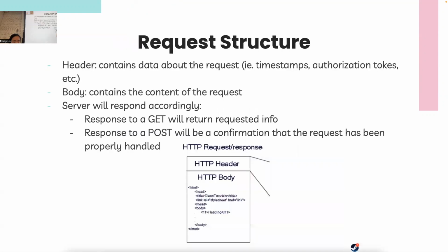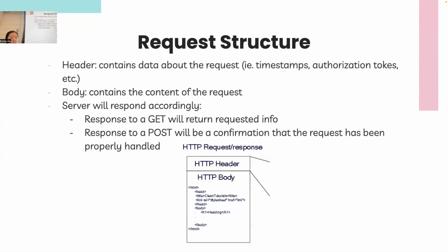Okay, cool. And then in terms of request structure, we have a header, which just contains data about the request. This can be a timestamp, authorization tokens, which is like when you're logging in, etc. And then the body will contain all the content of the request. So maybe you're asking for a person's name and then their address and phone number, then the body would contain all that information.